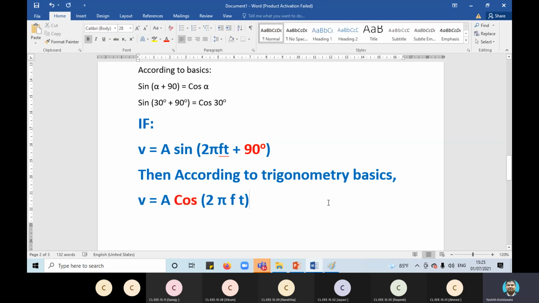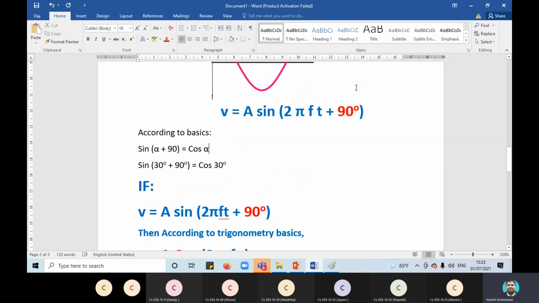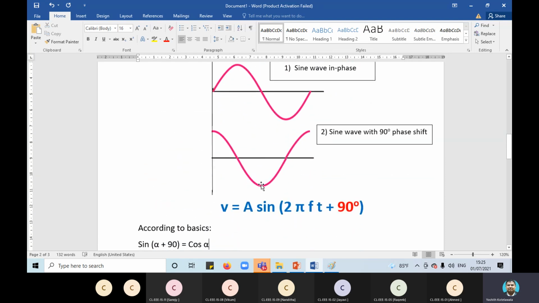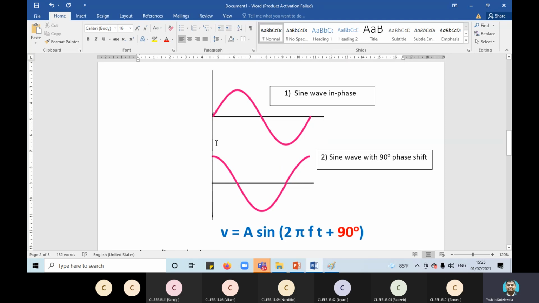Sine becomes cos. So there you go. Now this one is mathematically cos. You understood. A cos, A is the peak value. It is not going to change. A is the peak value.